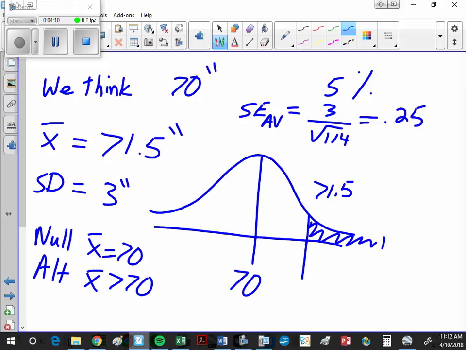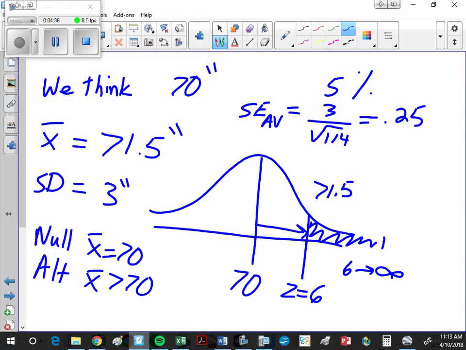How many SEs is it from here to here? 6 of them. 6 quarters, right? So that is a z-score of 6. If I calculate the area from 6 to infinity, what am I going to get? 0.00000.